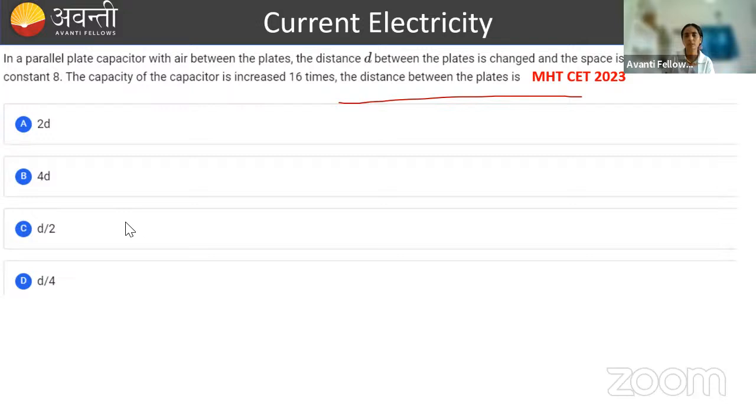Now do this question. The question is very simple. Just simple logics are there.